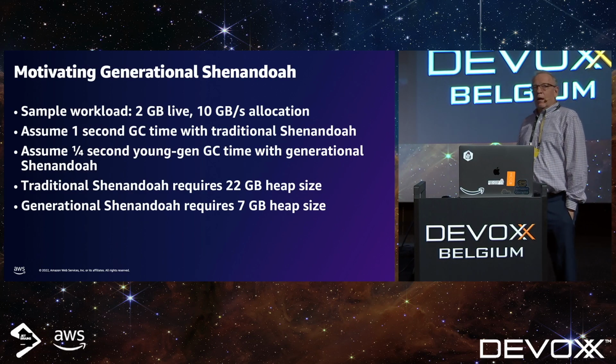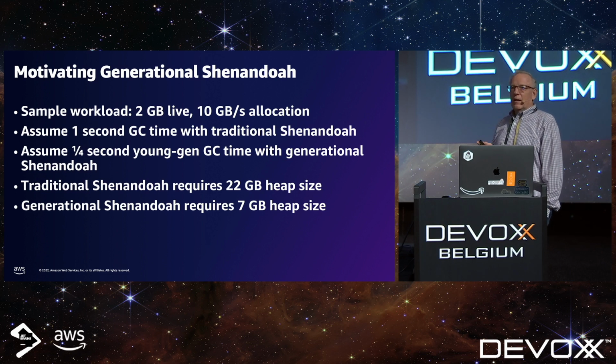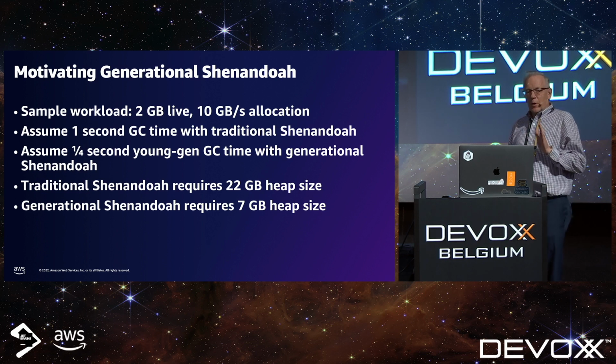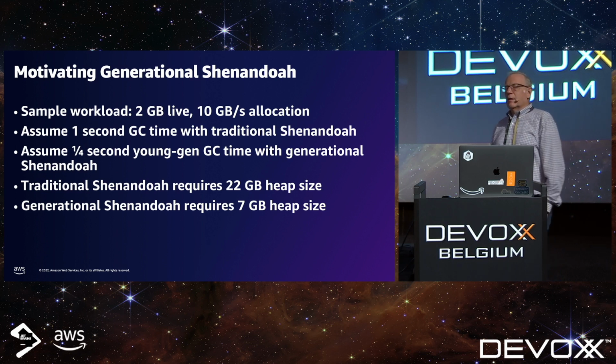But this slide provides some key motivation for why Amazon believes it's important to add generations to Shenandoah garbage collection. So hypothetically, suppose you've got a workload, and these are realistic numbers, but they're not taken from any particular service. Suppose you have a live set of 2 gigabytes.